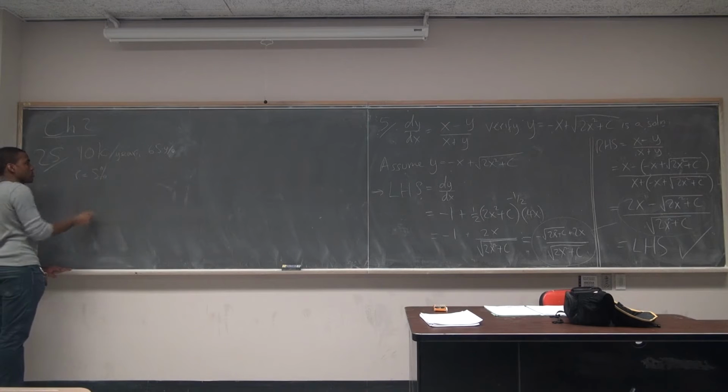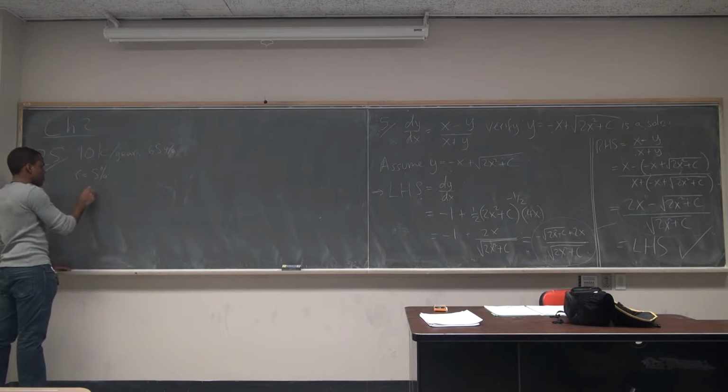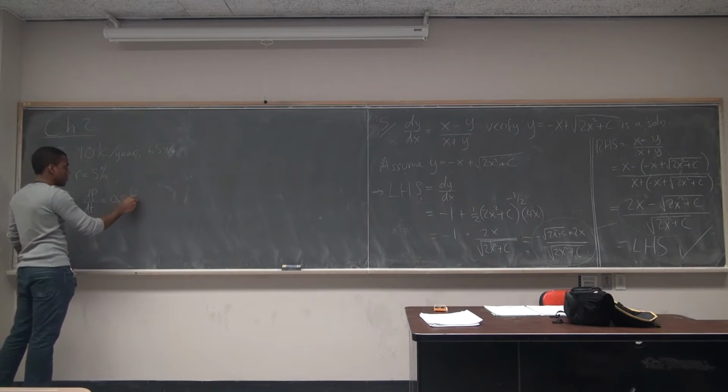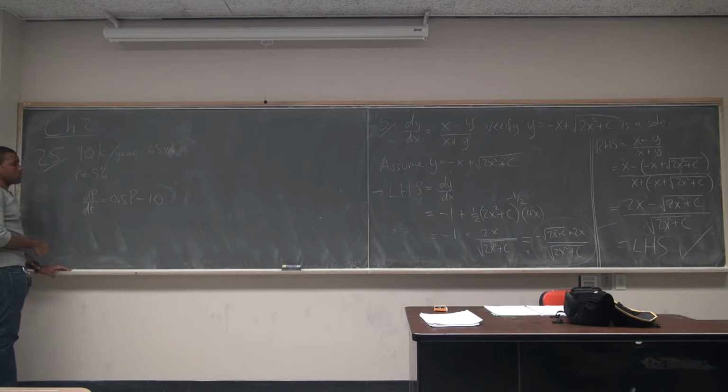By repeating the arguments that led to equation 2.8, show that after retirement, the principal P(t) in his account satisfies the ODE dP/dt = 0.05P minus 10, where we have used units of $1,000.